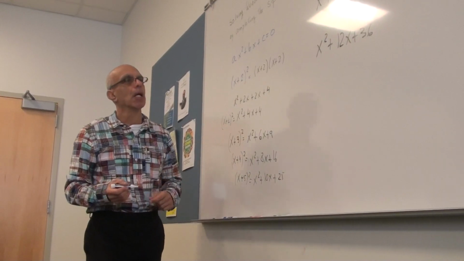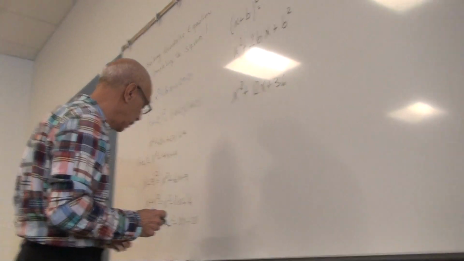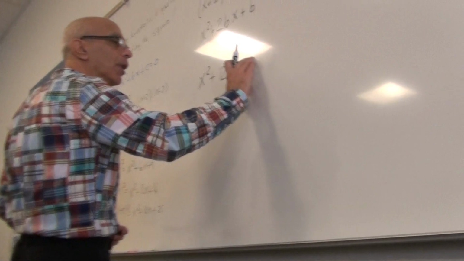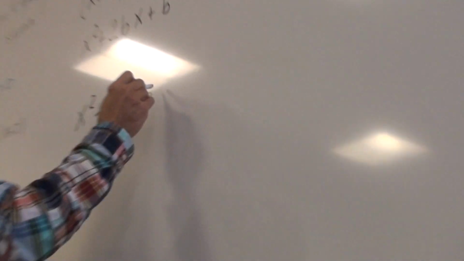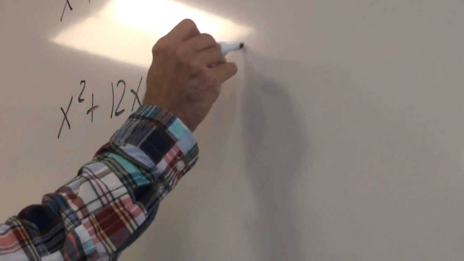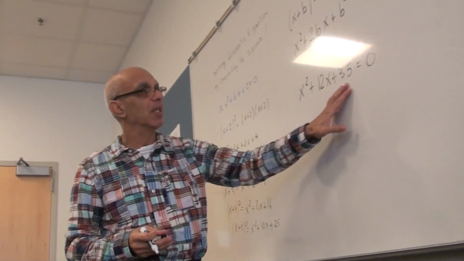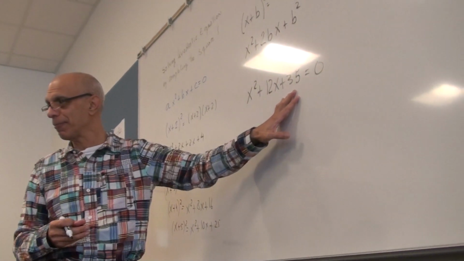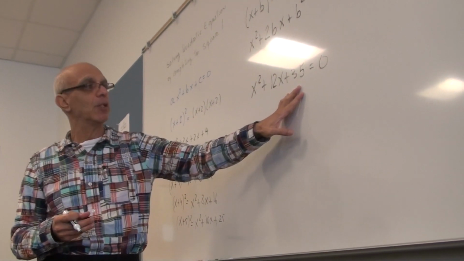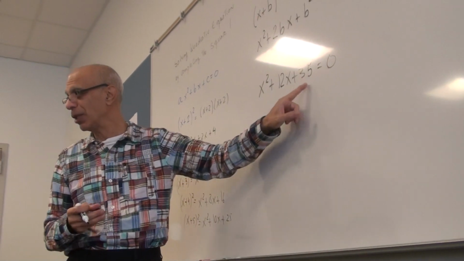Okay? Now, let's say instead of 36, I have 35. And this is a quadratic equation, and I'm asking you to solve this. Let's say I have 35 here. Is this a complete square? No. What is missing here? 1 unit, right? Just 1, right?